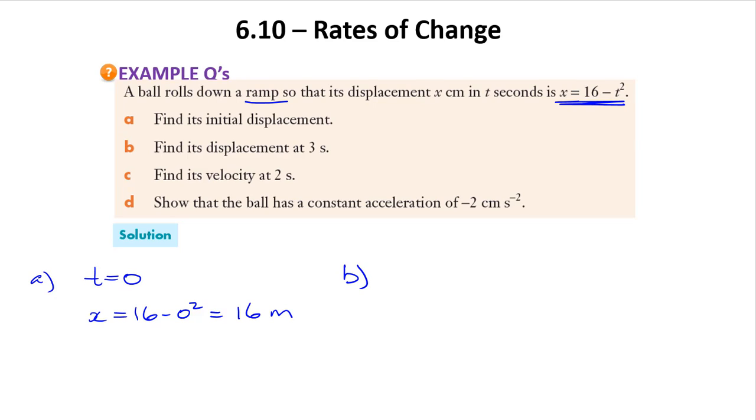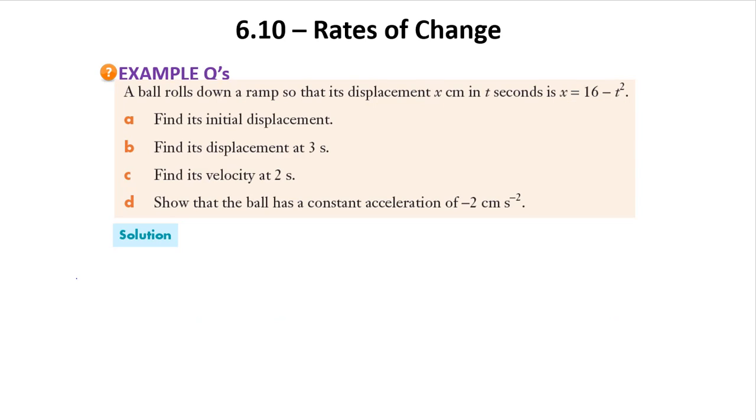Part B, find its displacement after 3 seconds. Well, that's just substituting 3 into that equation. 16 take away 9, it's going to be 7. Now, we just need to go back here. The units here are centimeters, so we're 7 centimeters from the origin now.